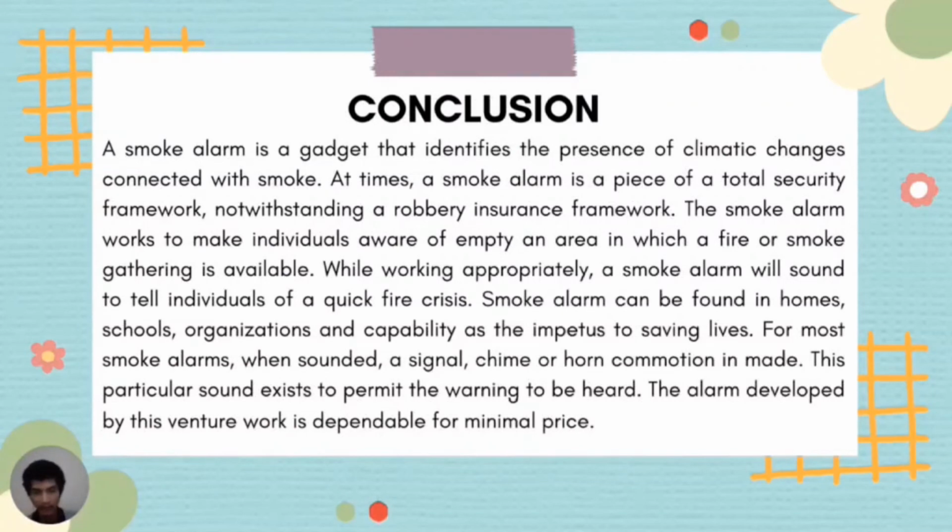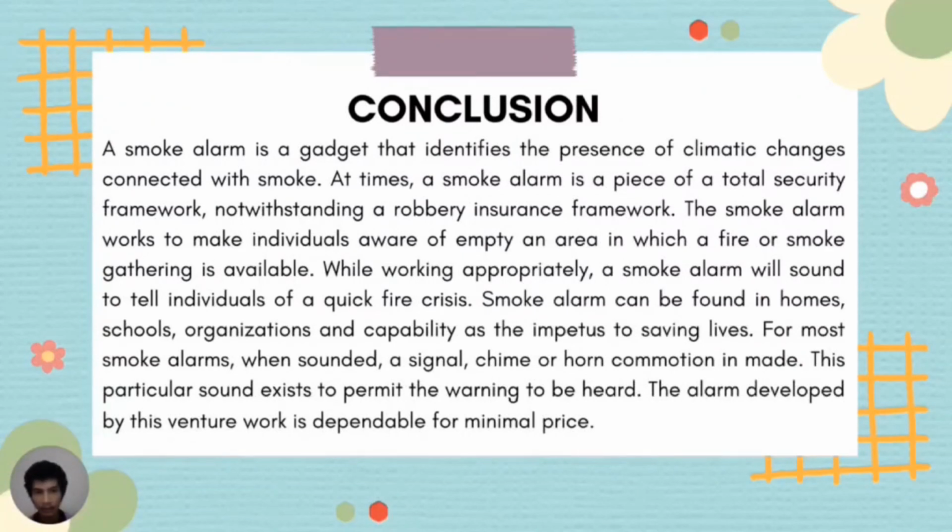So let's go to the conclusion that we can conclude from our project. Okay, so first one is a smoke alarm is a gadget that identifies the presence of climatic change connected with smoke. At times, a smoke alarm is a piece of total security framework, notwithstanding a robbery insurance framework. The smoke alarm works to make individuals aware of an area in which a fire or smoke gathering is available.